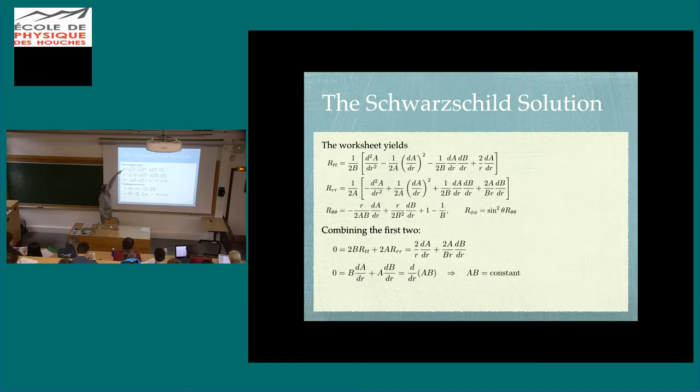And it turns out that the R_tt component, I've just written it there. The R_rr component is similar. The R_theta theta component is different. And then the R_phi phi component is pretty much the same as the R_theta theta component. You just multiply by sine squared theta.